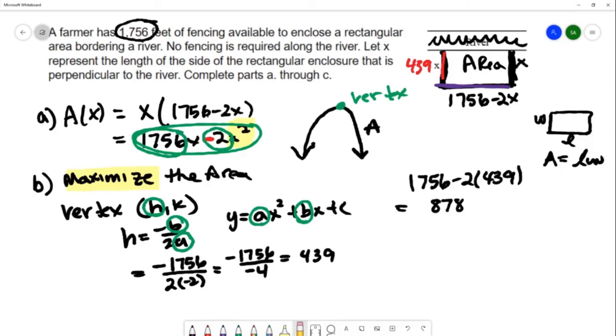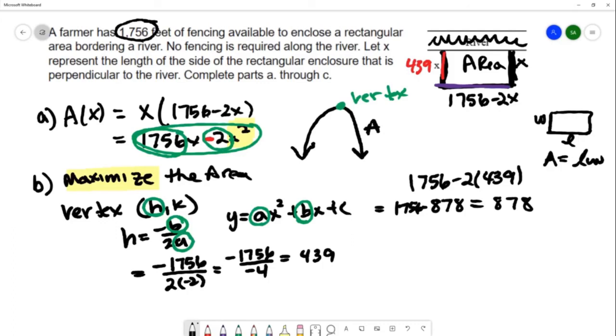And we still need to do 1,756 minus that. You have to excuse me, I don't know how to use this calculator, so I have to do it one more time. 1,756 minus 878 is 878. So the length along the river is 878.